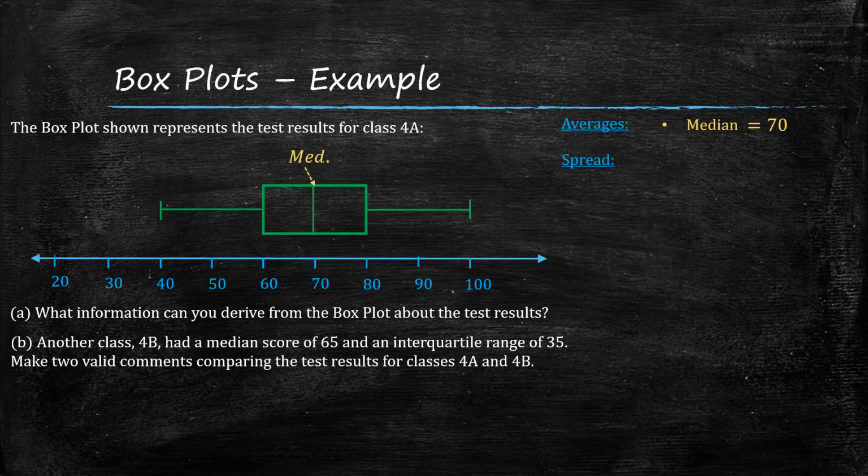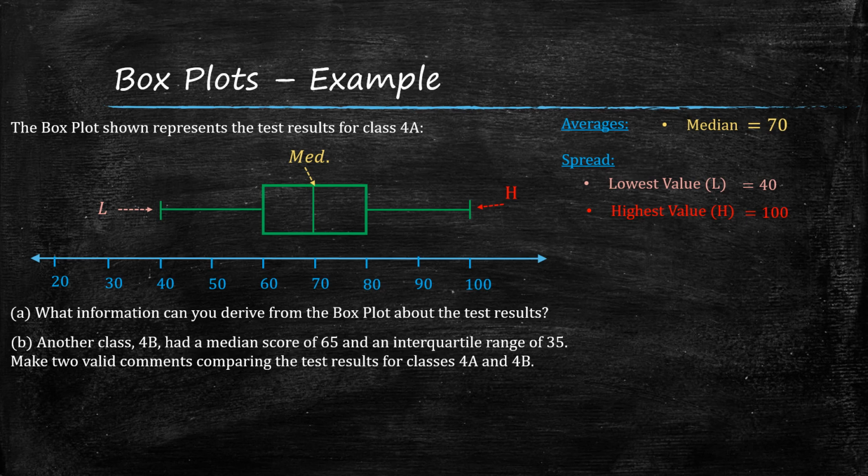Okay, what about spread information? Well, the whiskers of the box plot tell us the lowest value and the highest value, and we can see that the lower end whisker ends at 40, so the lowest value of this data set is 40, and the higher end whisker ends at 100, so we can see that the highest value is 100, so somebody managed to achieve 100% in the test that this represents.